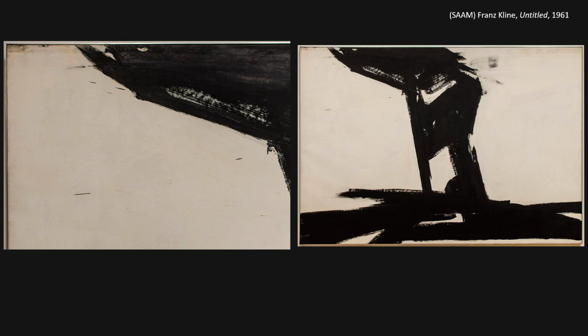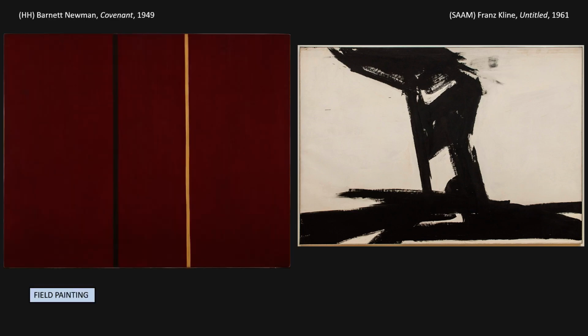There's another group of painters lumped into abstract expressionism that don't do gestural action painting, but do what's called field painting, where, like Pollock and Kline, it's kind of an overall picture, where we're working on covering the entire canvas, but more of it is taken up with broad fields of color.